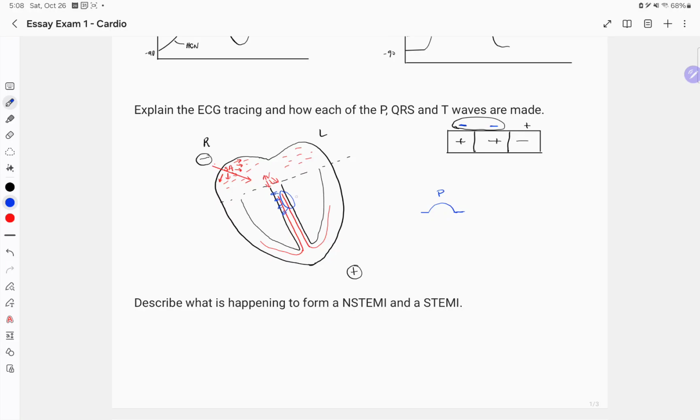And so if we take the average of that, these cells are, again, positive on the inside, negative on the outside. And so if we take our average vector, we're going to be seeing something like this, where this average vector is headed towards the negative, but it's not directly at it, and it's not completely away from it.